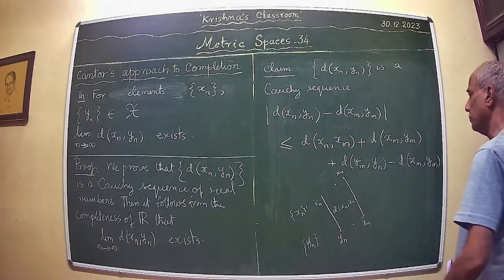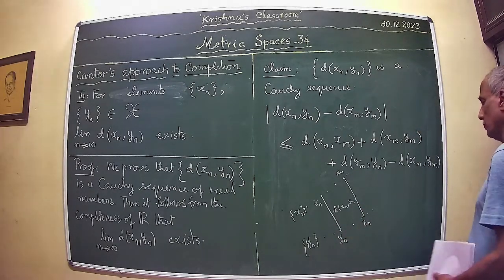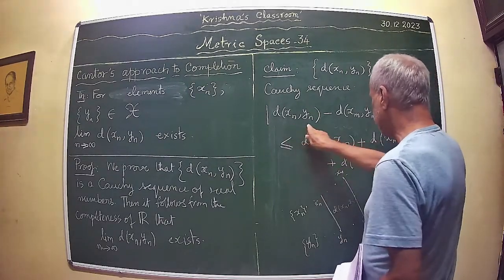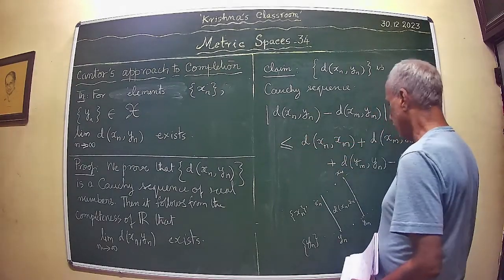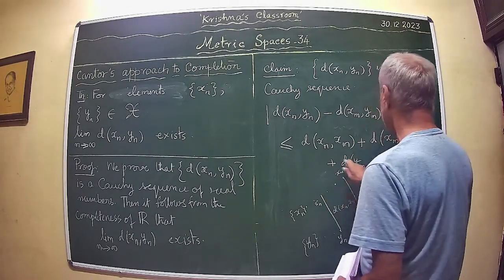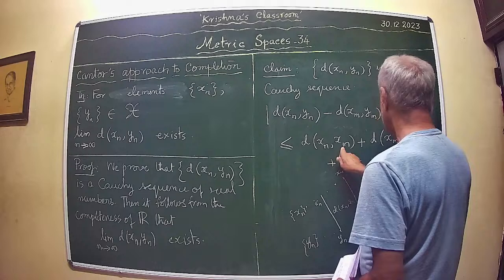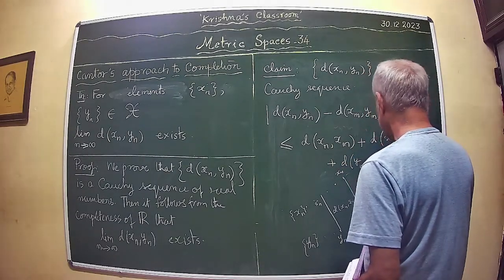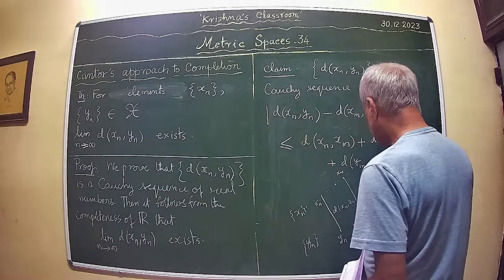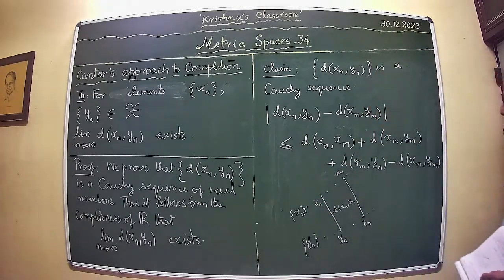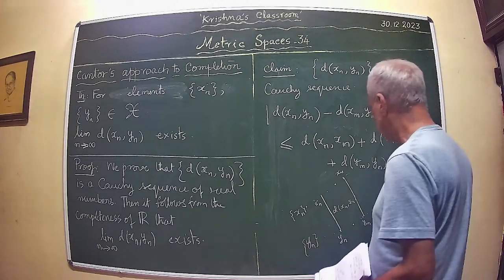But what we do is, we have d(xn, yn) is less than or equal to d(xn, xm) and d(xm, yn). Okay.